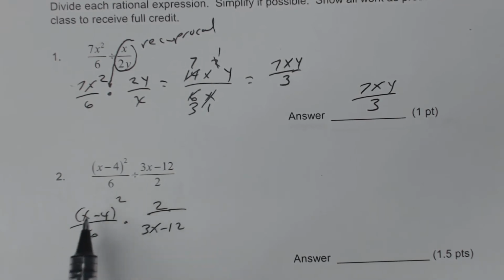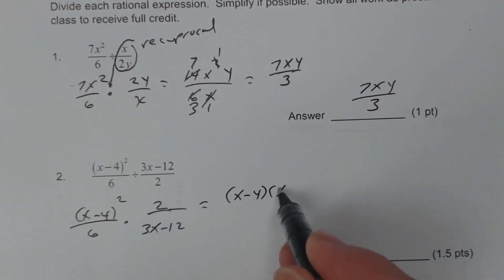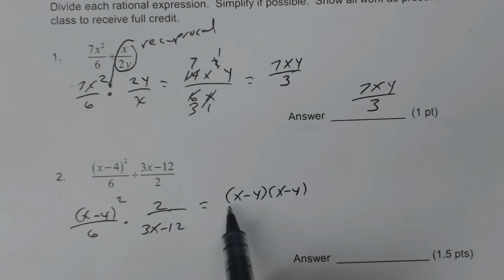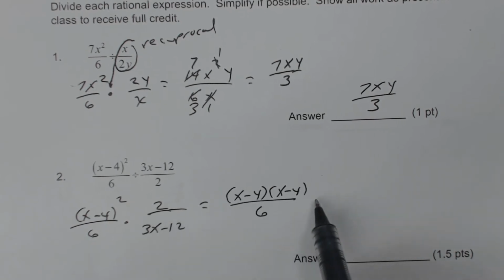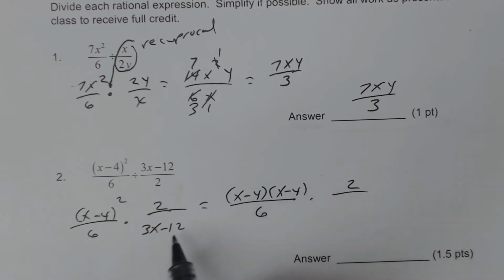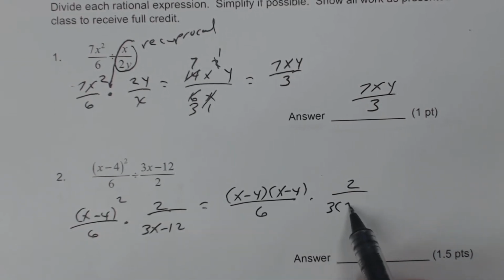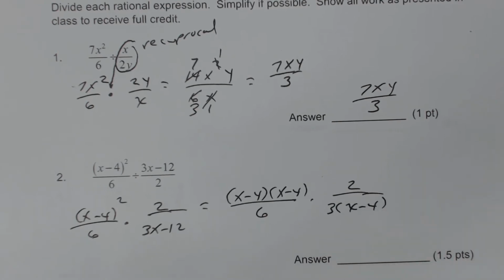Remember that x minus 4 squared is already in factored form, so if you want to, you can write it as 2 factors of x minus 4, just like this. And 6 is a monomial, so leave that as 6. 2 is a monomial factor, leave that as 2. Now in this denominator, I can factor out a 3, so you get 3 times x minus 4. Okay, so that's where I'm at.